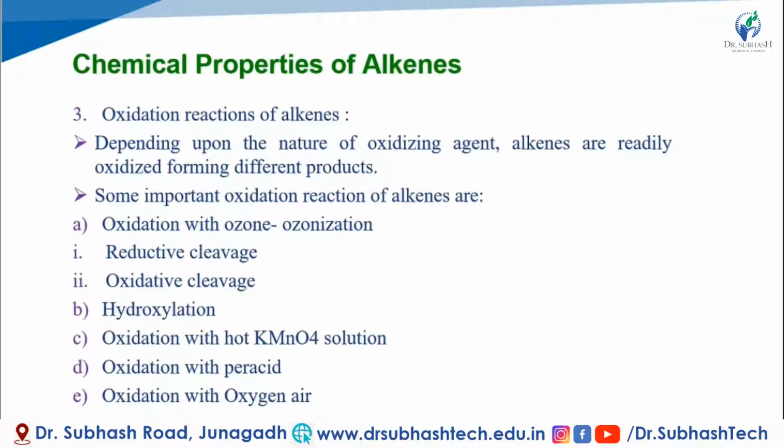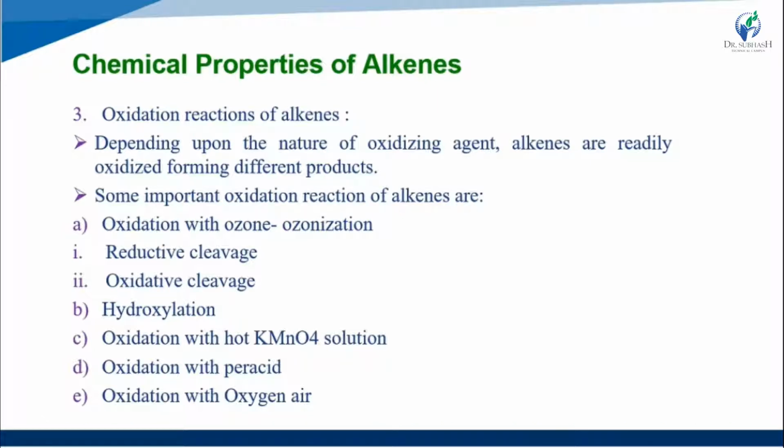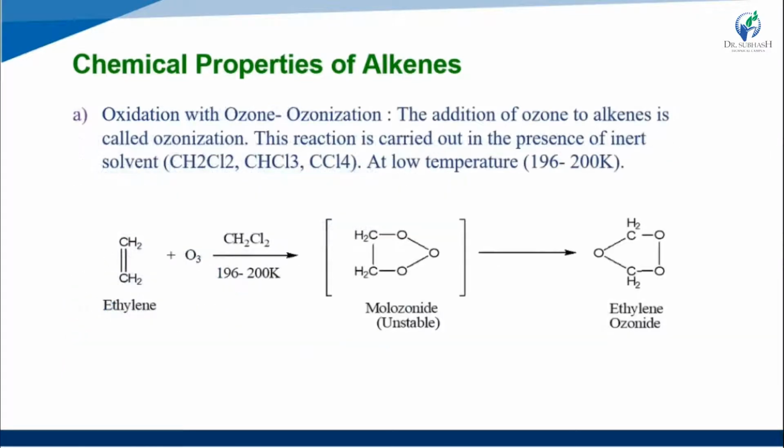Some important oxidation reactions of the alkene are oxidation with ozone and ozonization, then hydrolysis, then hydroxylation, then oxidation with hot KMnO4, then oxidation with peracids, and then oxidation with oxygen and air. The ozonization process also includes reductive agents and oxidative agents.